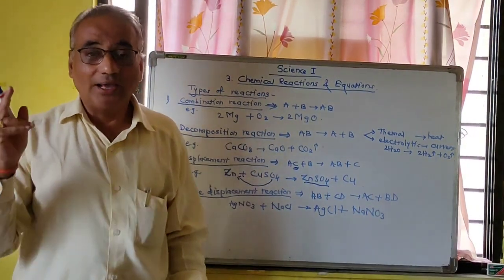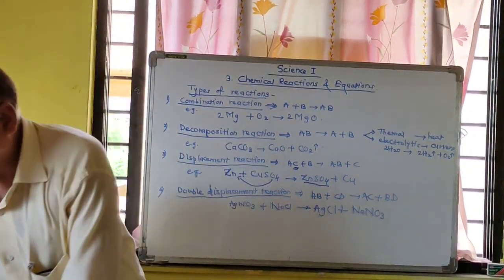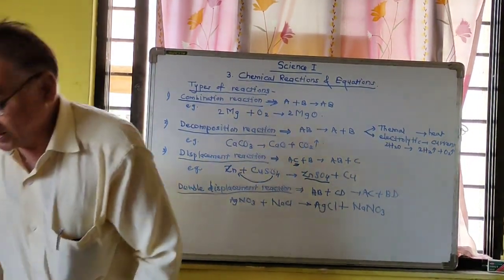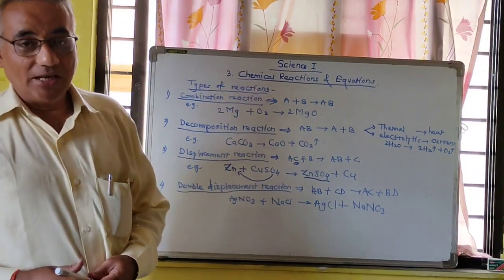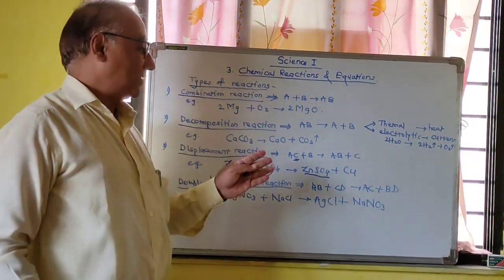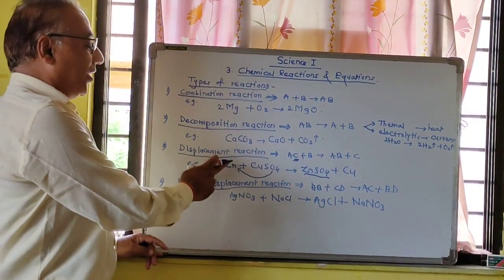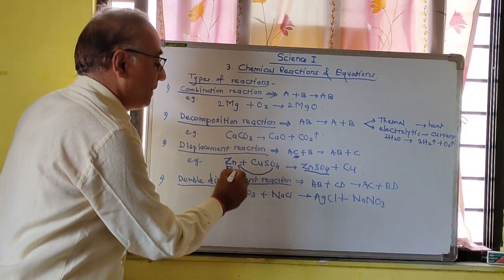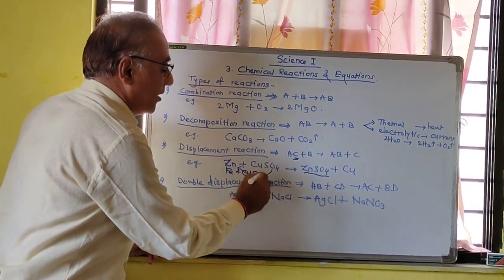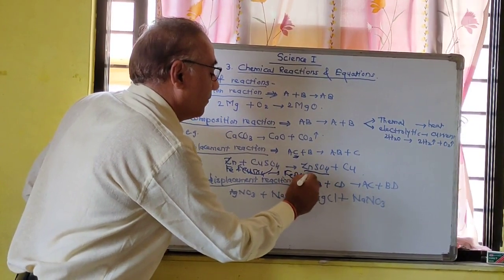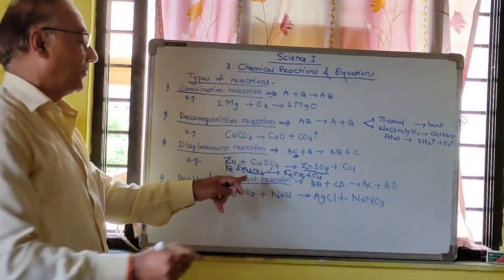A less reactive element or compound, or you may call it an ion, is replaced by a more reactive element by formation of its own ion. Now instead of zinc, you can take the example of iron plus copper sulfate. We find that there is again formation of ferrous sulfate plus copper. The same thing happens here.